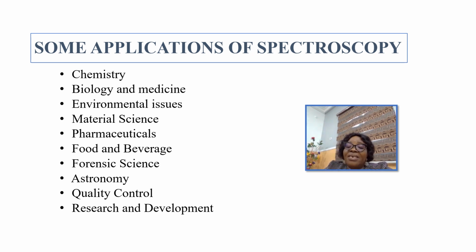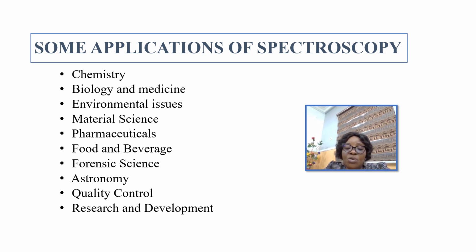Pharmaceuticals, identifying and analyzing pharmaceutical compounds, monitoring drug interactions. Spectroscopy analysis is useful for forensic science in investigating crimes, analyzing evidence, fingerprints, and DNA. It is useful in astronomy, analyzing celestial object composition and properties.